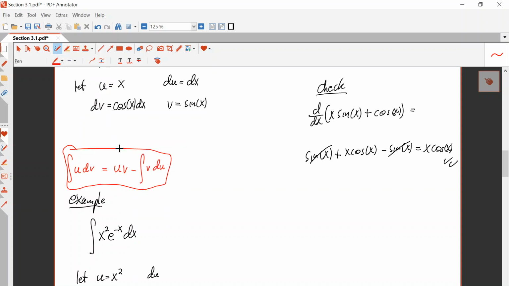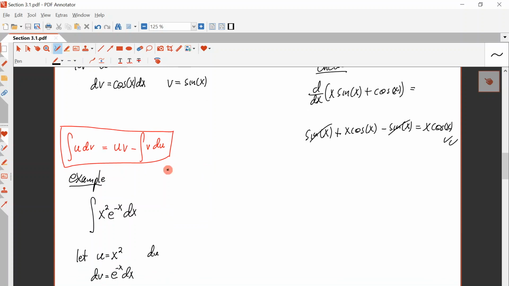So we let u be x squared and dv be e to the minus x. Now, how am I picking that? Well, I'll let you know in a little bit how you go about choosing that.